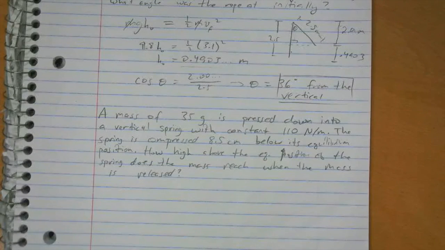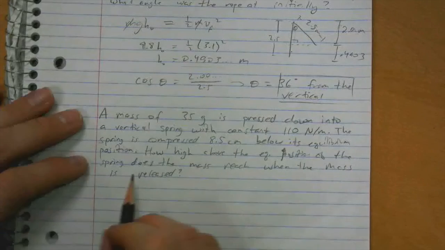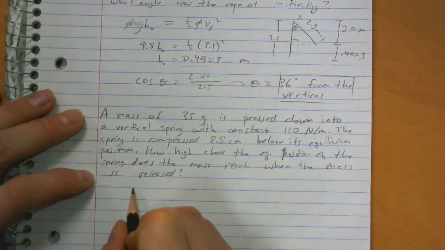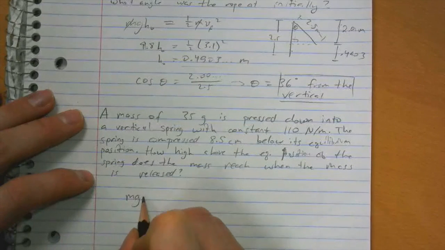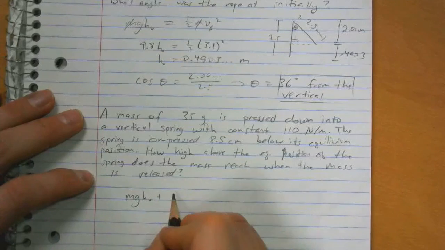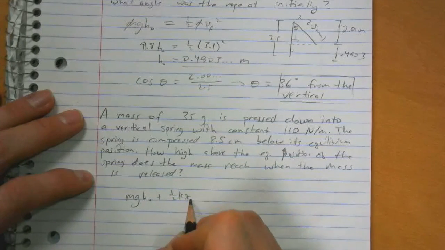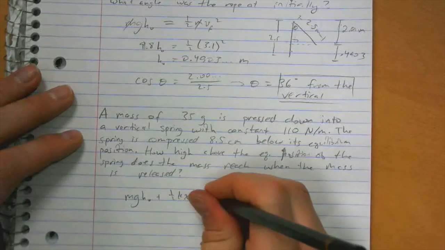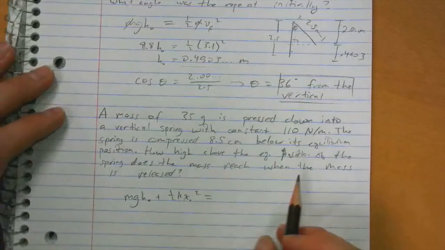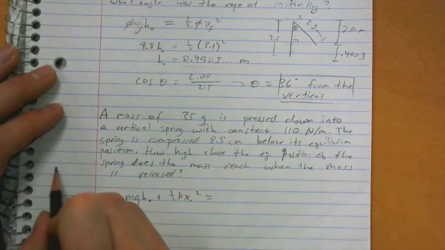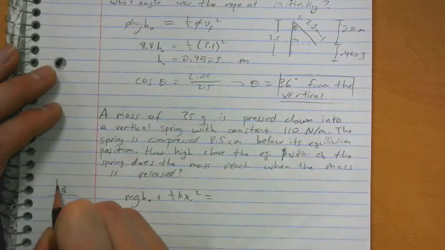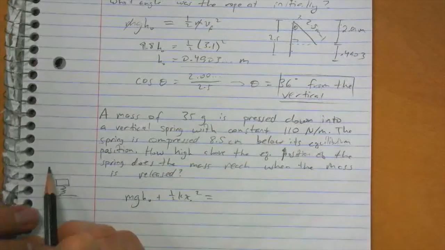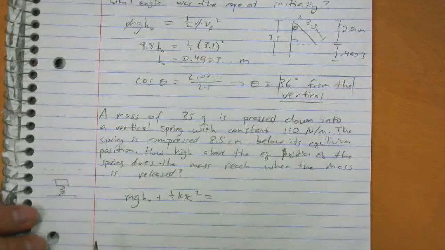Again, we can apply our conservation of mechanical energy equation. Initially, we have some gravitational potential energy, we have some spring potential energy, but since it's pressed in and released, we don't have any kinetic energy. So this is the initial position, so spring, mass, and then the equilibrium position of the spring is somewhere up here.